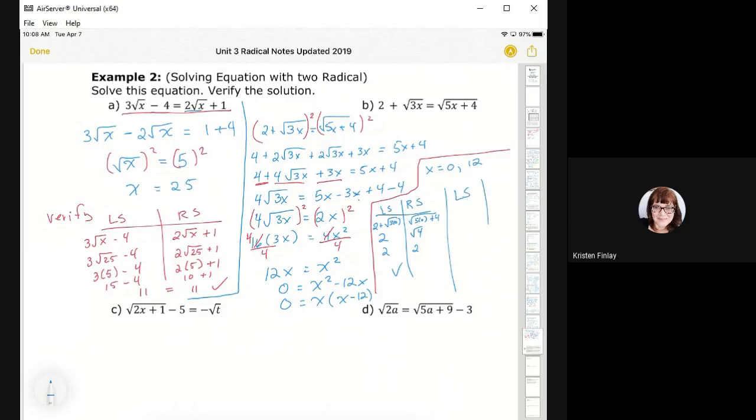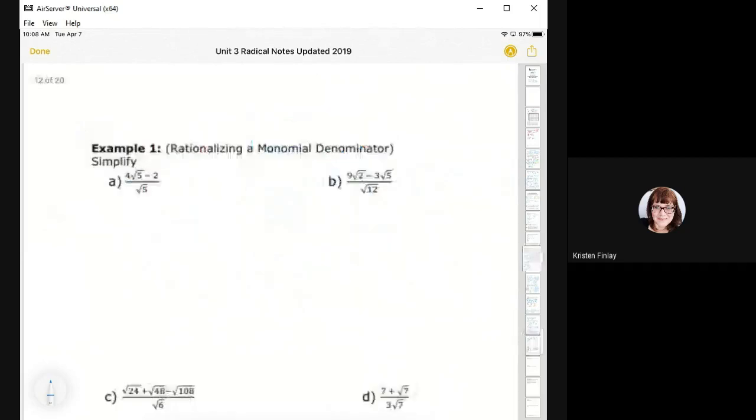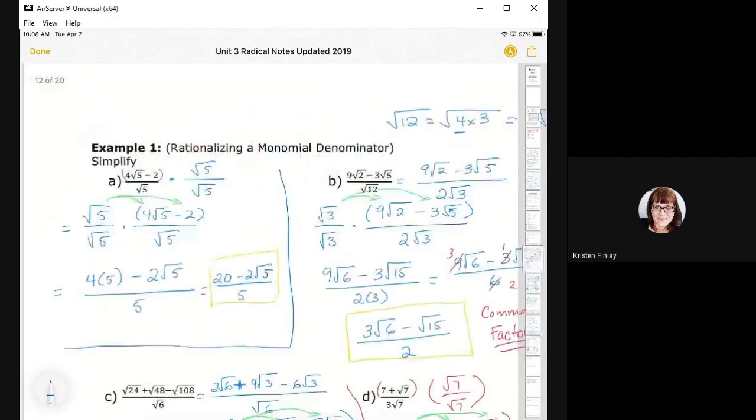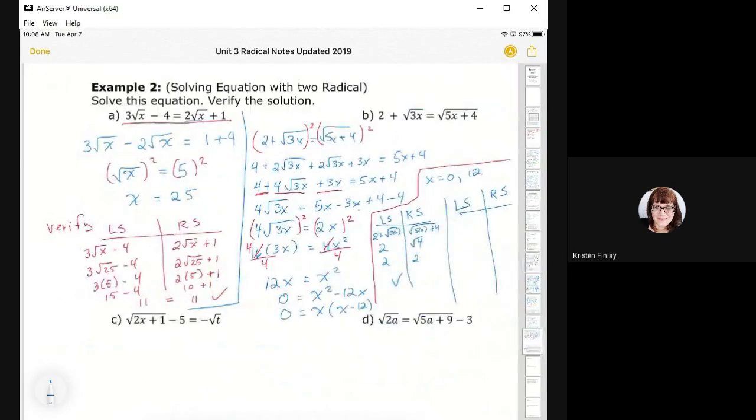Testing the other one, left side and right side. So we're now testing x equals 12. And once again, I touched the page. Sorry about that. 2 plus root 3 times 12 on the one side. And here we're going to get root 5 times 12 plus 4.